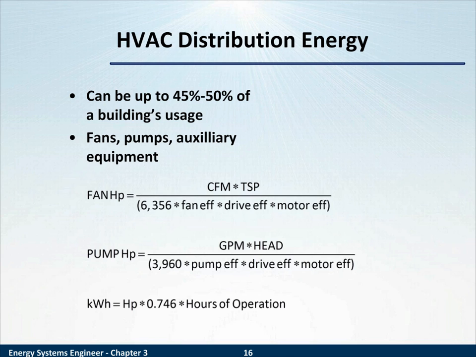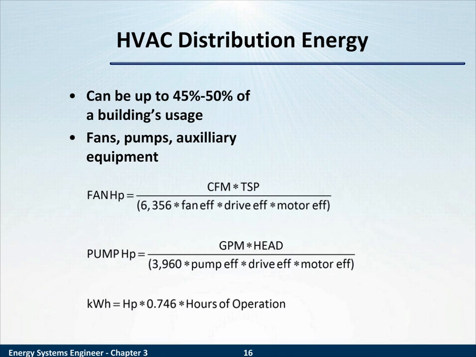From this first equation, you can see where variable air volume has a tremendous advantage. Static pressure being what it is for a duct system. If you can reduce CFM, reduce fan horsepower, well, look at the equation on the bottom. Kilowatt hours is a function of horsepower.